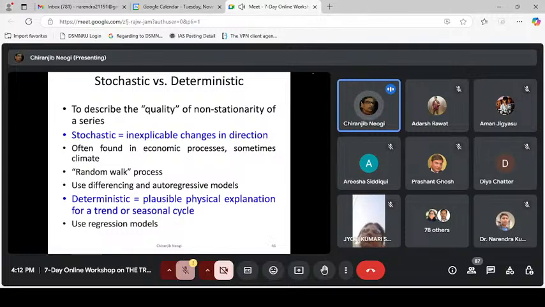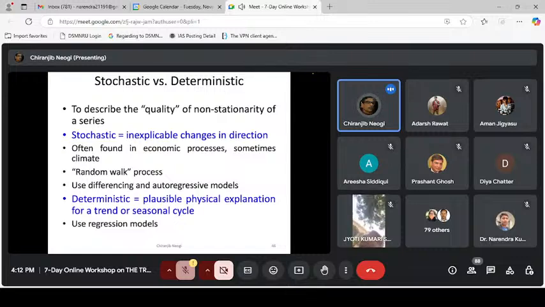To describe the non-stationarity of a series, stochastic means inexplicable change in direction, often found in economic processes and sometimes in climate, where I cannot explain the process of change.